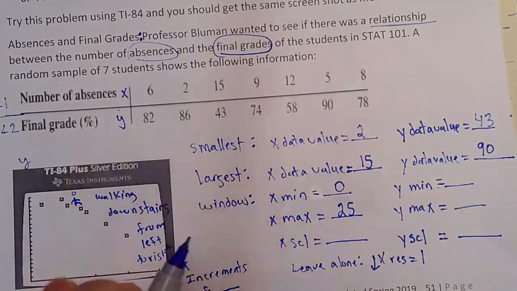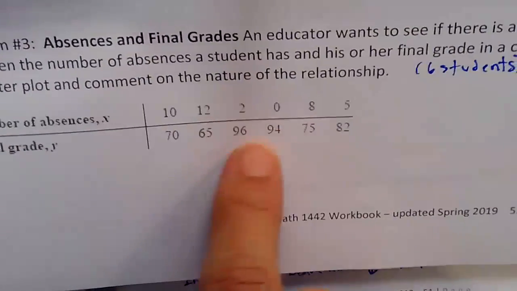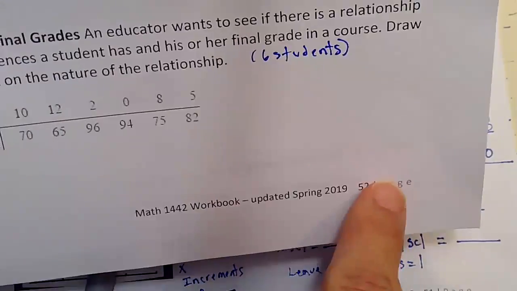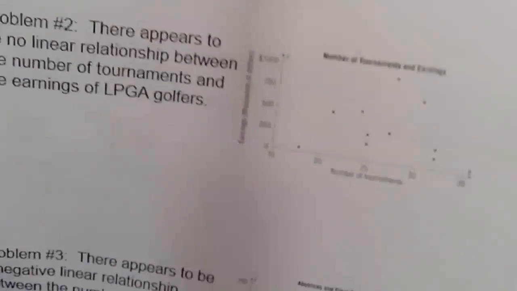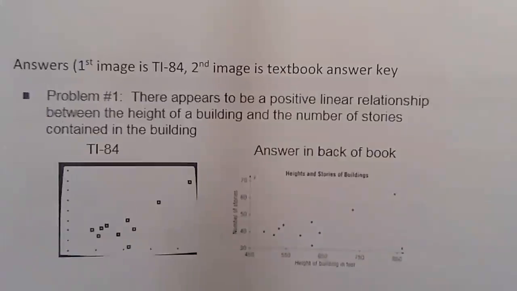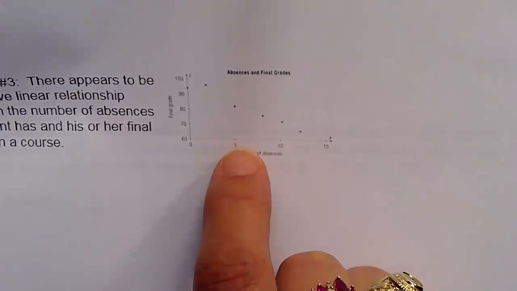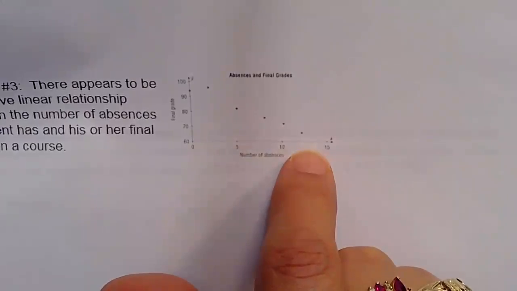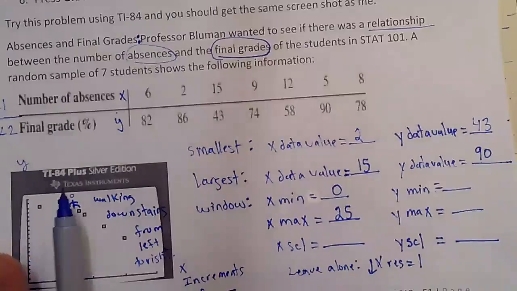If I go back to that page 52, remember we were looking at this problem too on page 52. They have a little answer key of these images for that also. If I look at that, see, they use 5, 10, 15 here. So any of those would work.